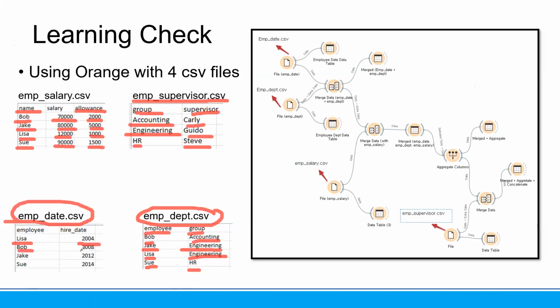Bob has been hired since 2008, Jake from 2012 and Sue from 2014. So we have 4 different tables. If you want to analyze this data, I need to combine, I need to integrate them. So how do we integrate those 4 files?